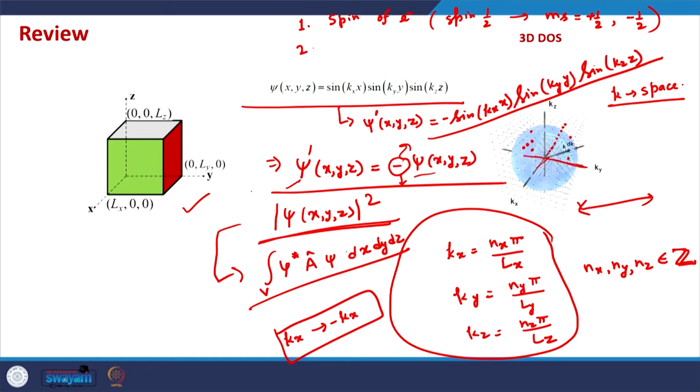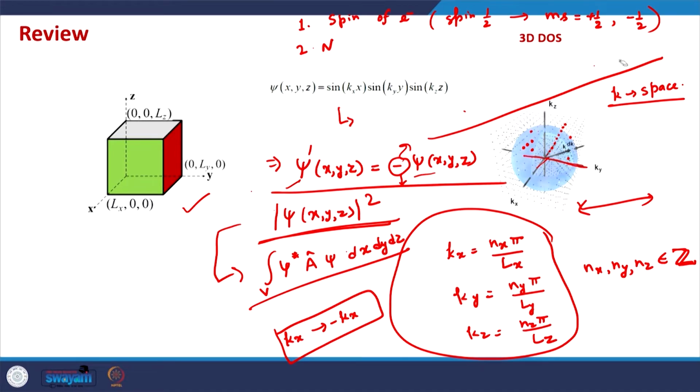So, which essentially means that the number of distinct allowed wave functions needs to be divided by 8.